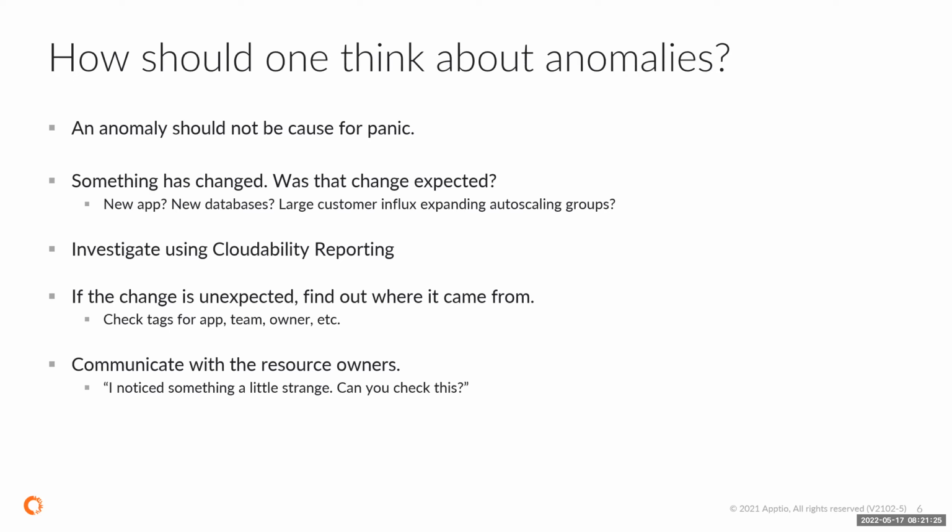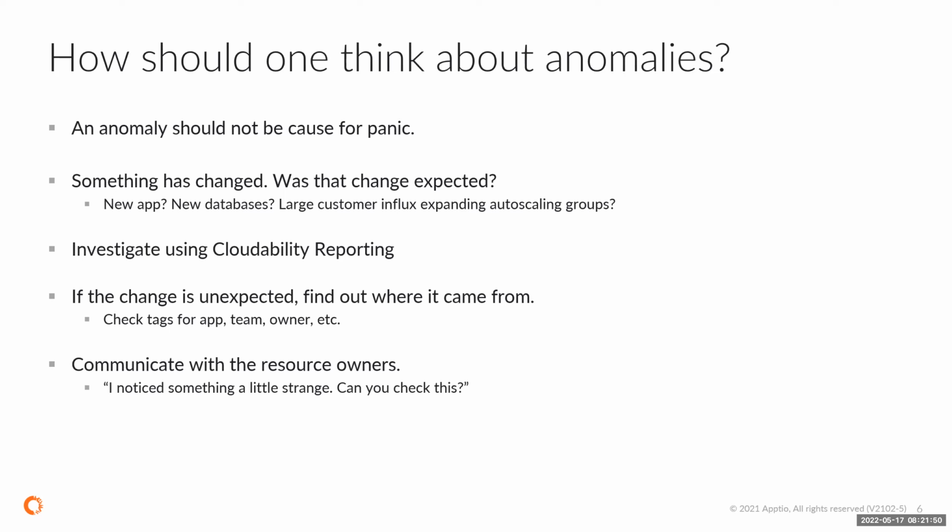Especially we want to look for those tags that can help identify the resource, whether that's the app, the team, the owner, whatever. Because ultimately, the job of a FinOps person is largely communication. We need to go back to the resource owners and tell them, hey, we noticed there was an anomaly. Why is that? What happened?